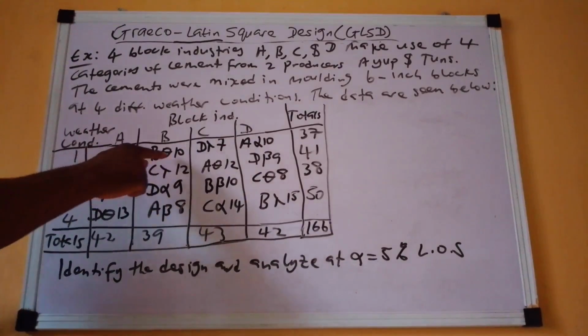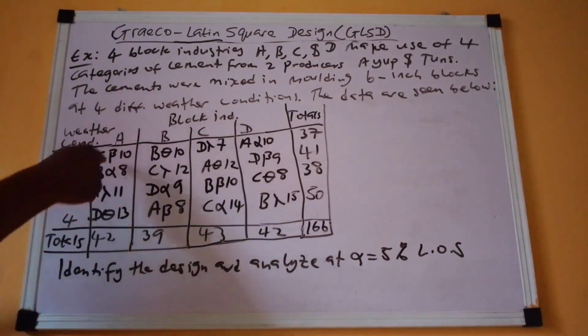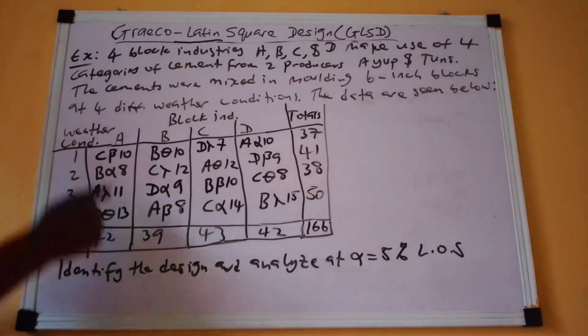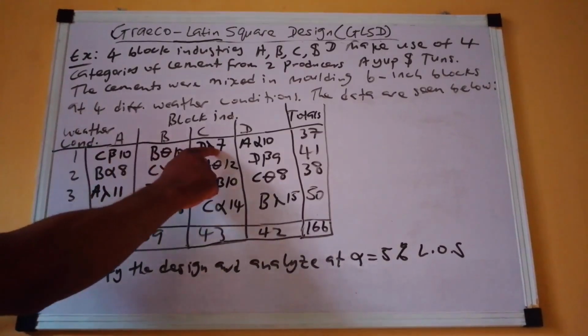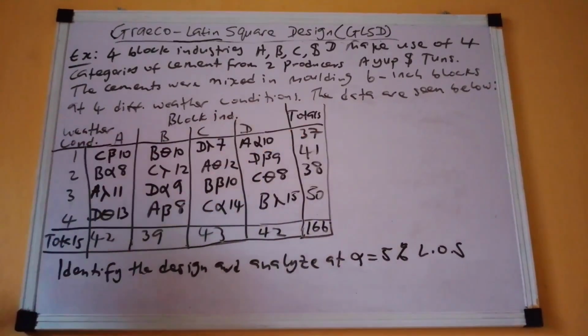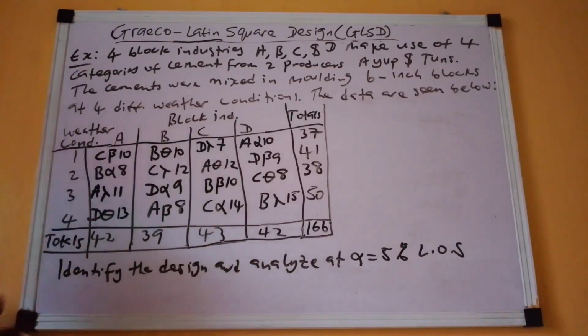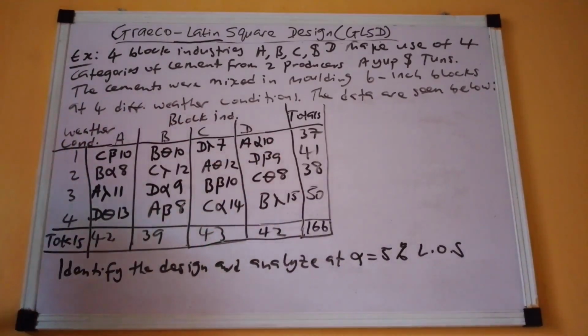And you will see theta appearing once and only once in each column. Look at this one. This is beta, this is alpha, this is lambda, this is theta. Only once it appears. Look at beta, look at theta, look at lambda, look at alpha. Only once it appears. Look at A, look at B, look at C, look at D. Only once it appears. And so you check it row by row and column by column, and you find out that the design is a Greco-Latin square design.